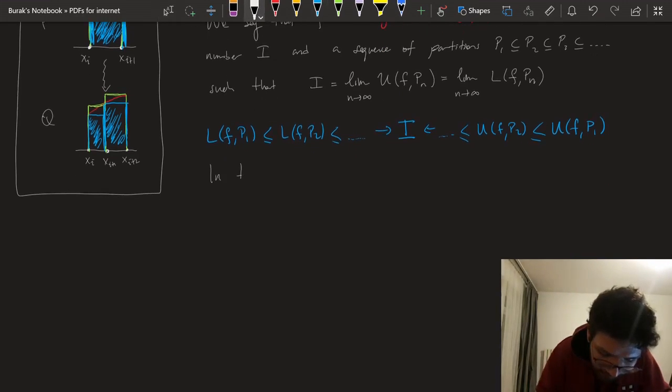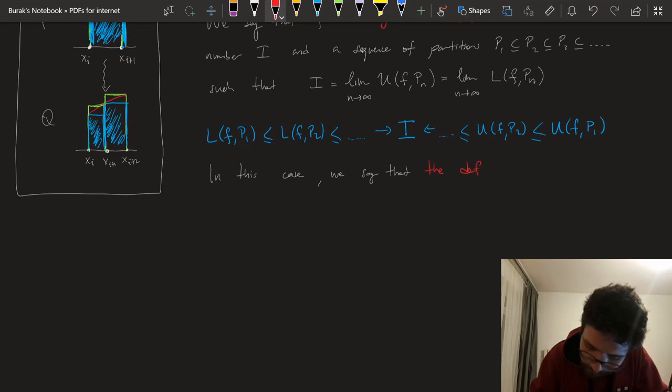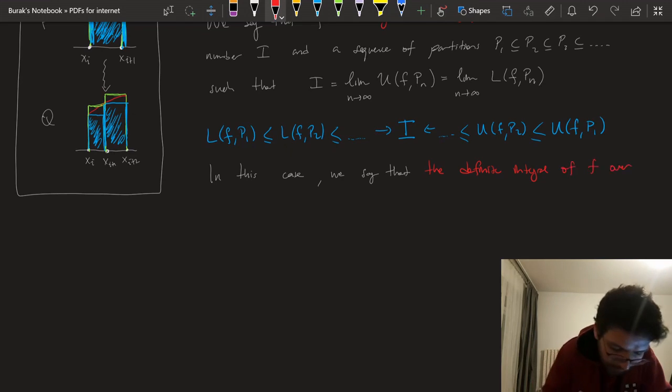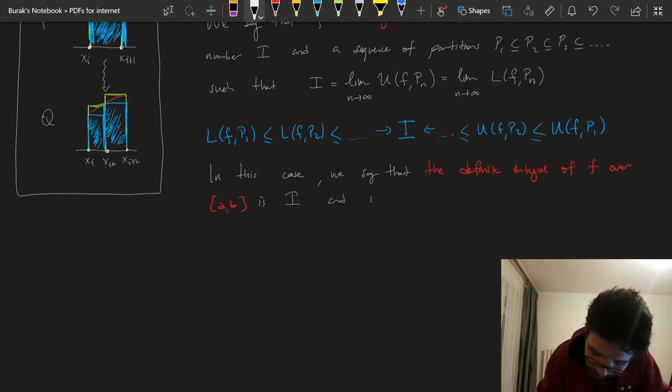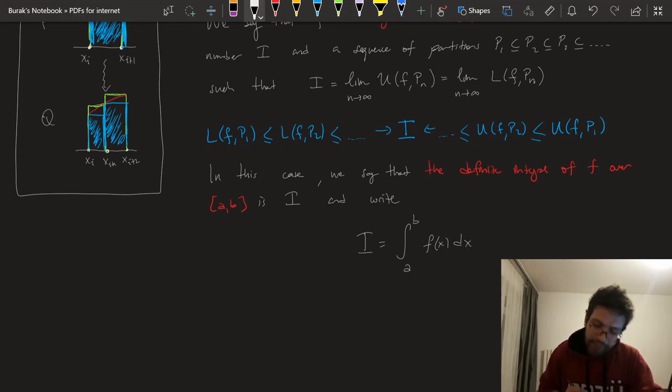So in this case, we say that the definite integral of f over AB is I, and write that I is equal to the integral of f of x from a to b.